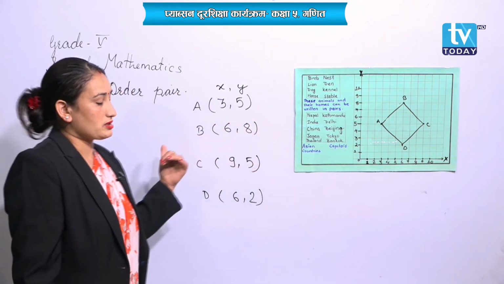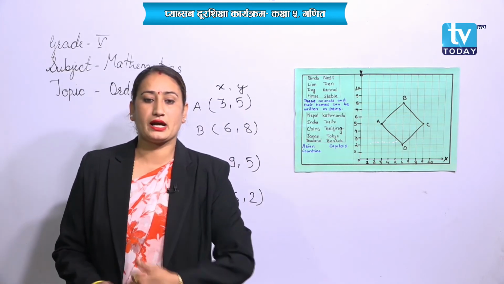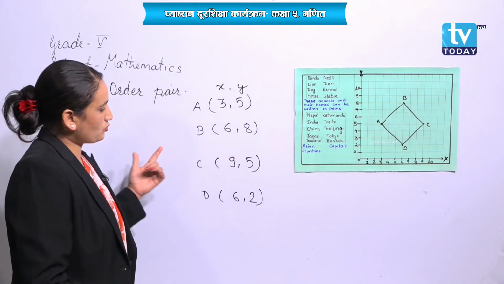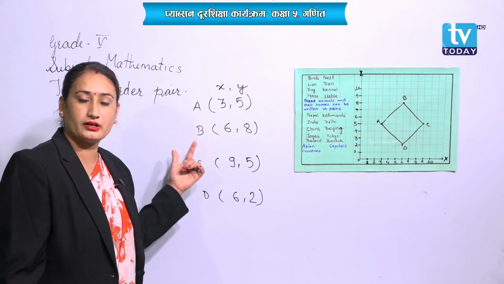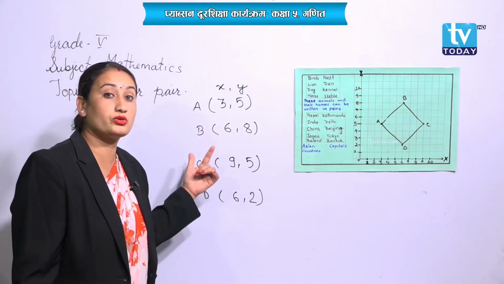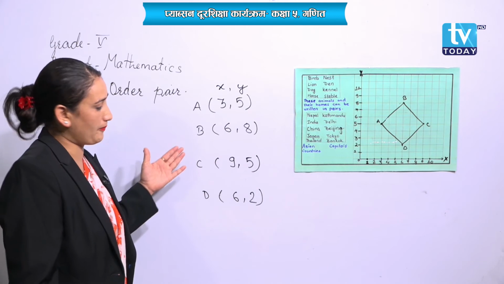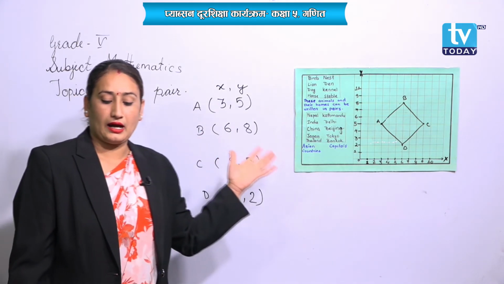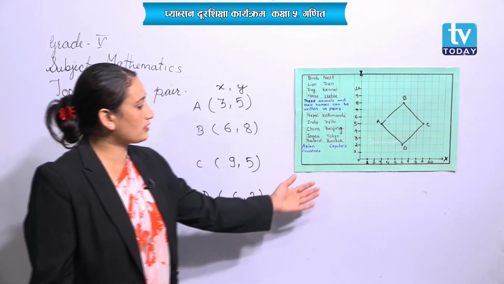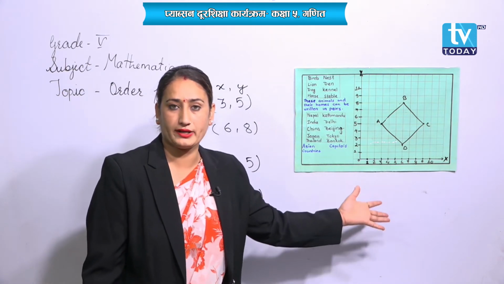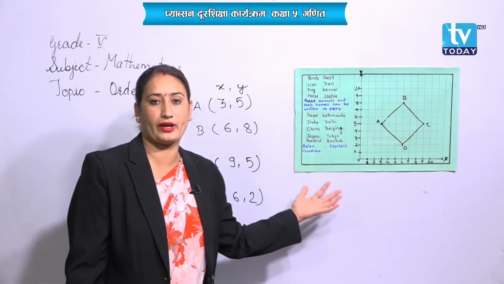Done? So, student, the ordered pair of numbers that shows the position of a point in a graph is called the coordinates of the point. So, we can define it this way also, right?